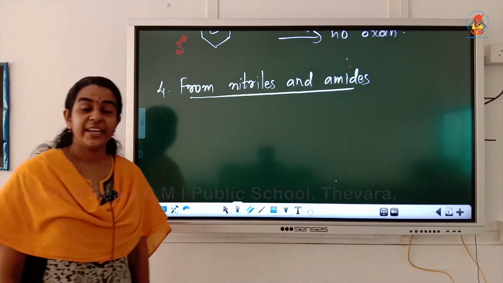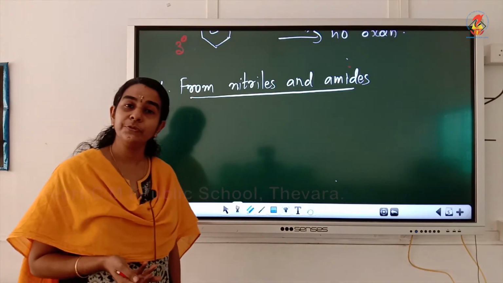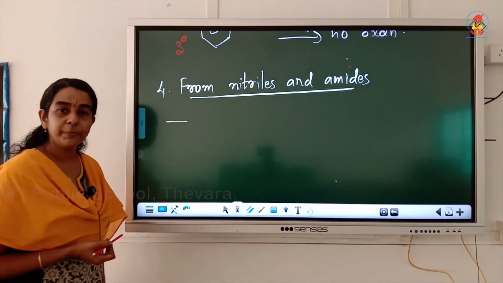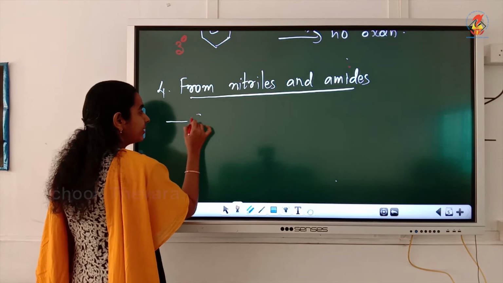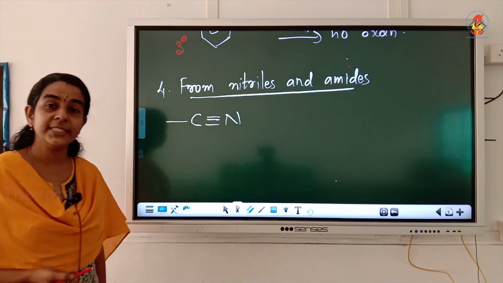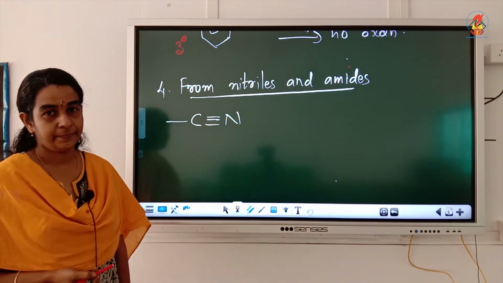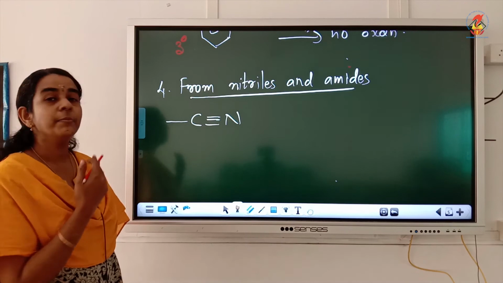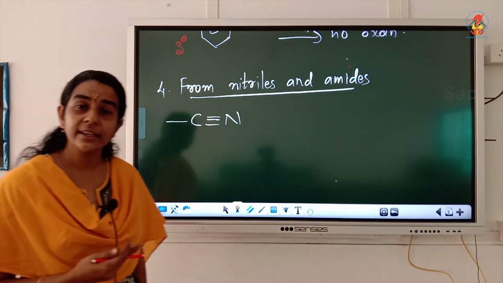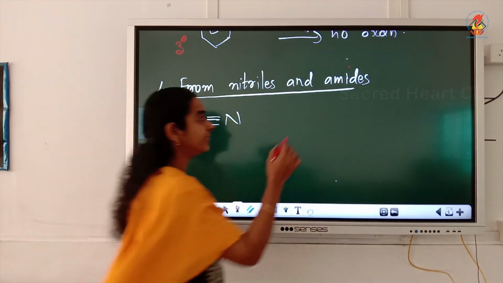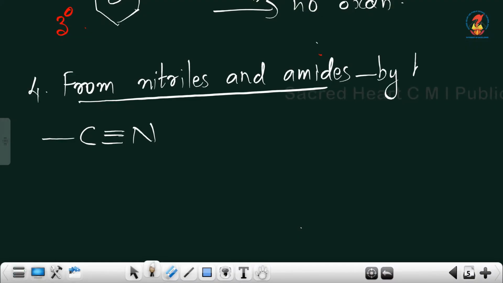We know that nitriles have another name, cyanides. The cyanide group representation is free valence C. If we expand the structure of the cyano group, it will be C triple bond N. How can we convert a cyano group to carboxylic acids, or how can we prepare carboxylic acids from cyanides? It is by hydrolysis.